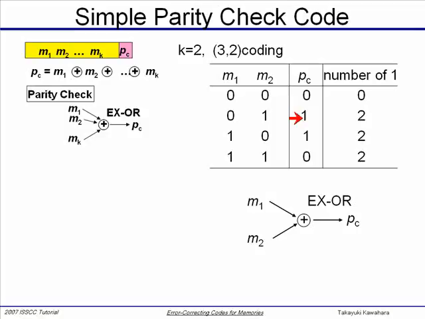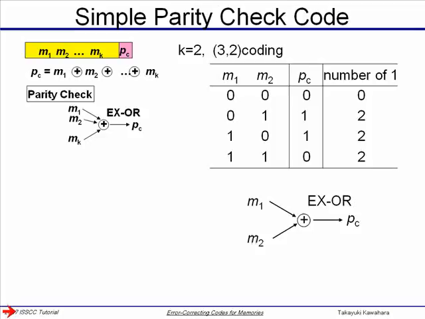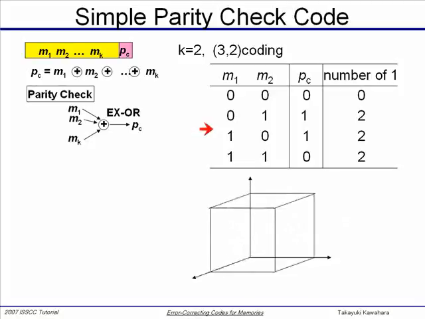Okay, first of all, I will show you graphically why we can check the error. The simple explanation is shown here. M1, M2, PC, that's only three elements, so we can take them as axes.